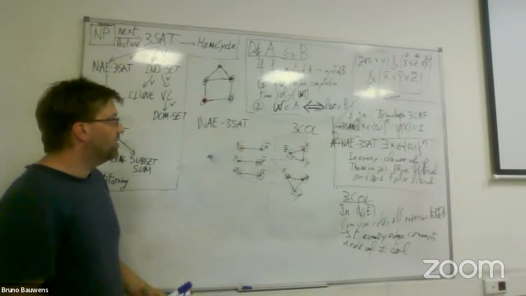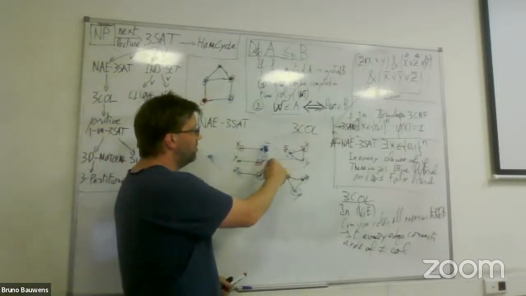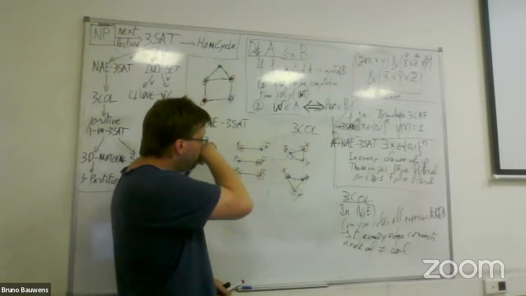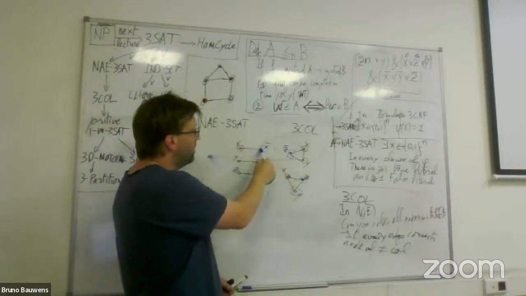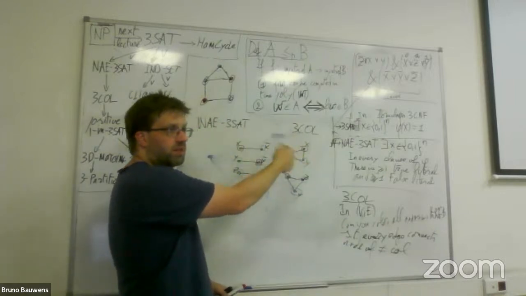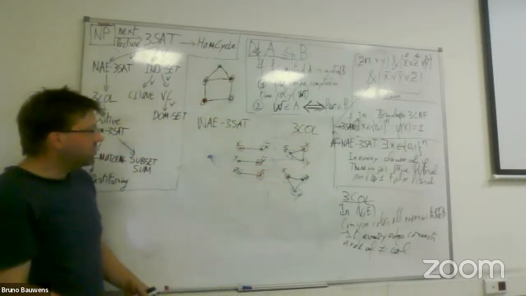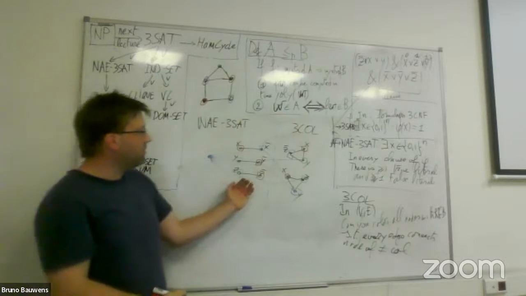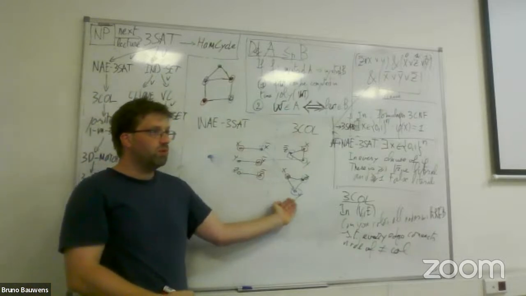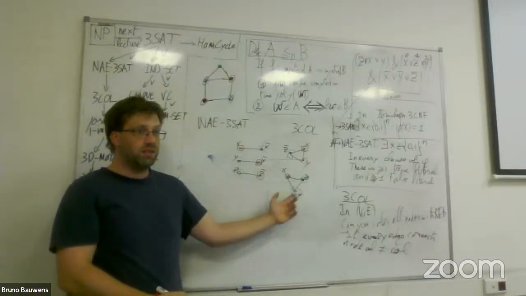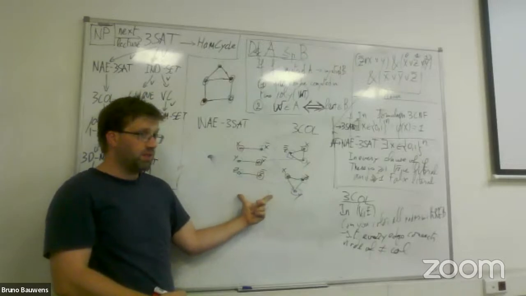Why can we do it? Because literals are always connected to opposite literals in this graph. So we have no problems when we go from variable gadgets to clause gadgets, because in this connection we always use opposite literals.